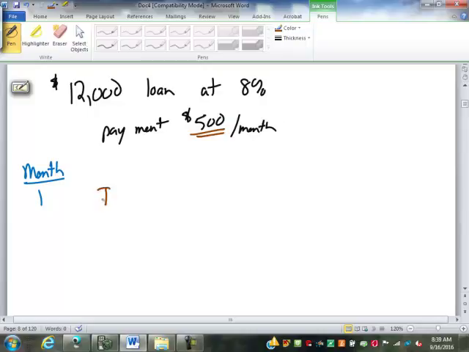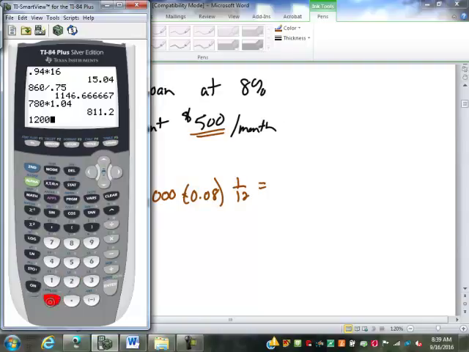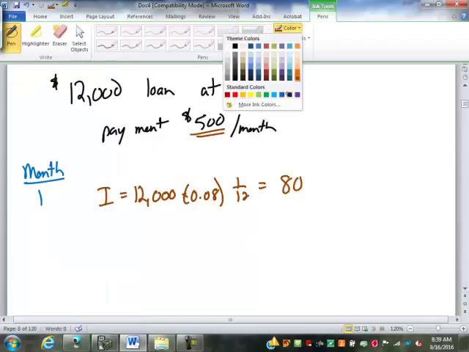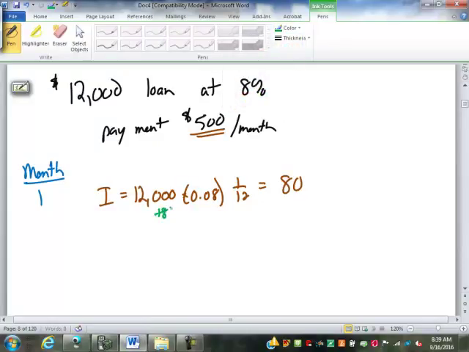So your interest is going to be 12,000 times 0.08 times 1/12, right? Which is going to be what, $80, I think? $80 in interest. So what that means is they take the 12,000 plus $80. That's $12,080. Then they subtract your $500 payment. That's $11,580 is your balance at the end of the first month.